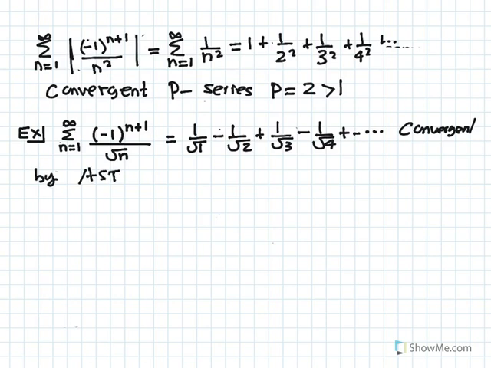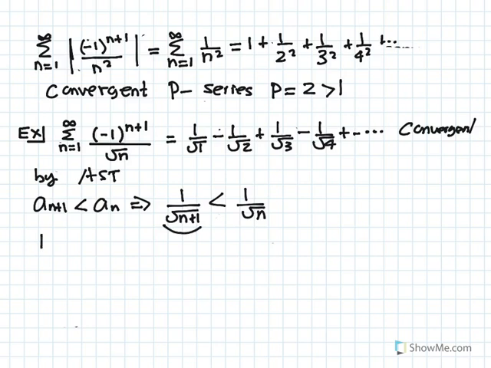The reason is, of course, because it's an alternating series, but most importantly, it satisfies the two conditions of the alternating series test. Namely, the terms are decreasing in magnitude, a sub n plus 1 is less than a sub n. Let's check this condition. 1 divided by root n plus 1 is less than 1 over root n, because we're making the denominator larger, the ratio becomes smaller.